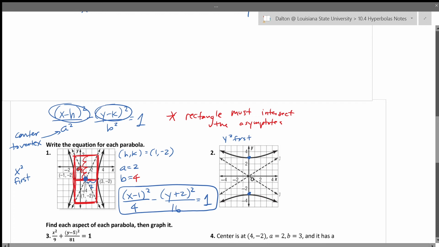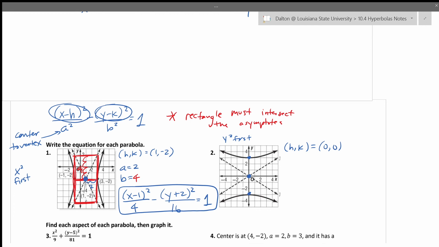So I'm just going to put that there to keep that in mind. The main thing we need to write the equation is the center point. Remember, the center point is the intersection of your asymptotes, or the midpoint between your vertices. Either way, in this case, we have a really lovely center point at 0, 0.